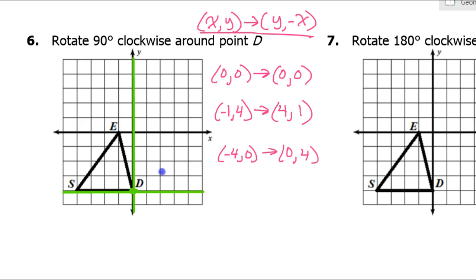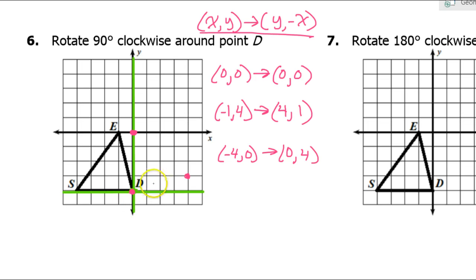So we can just graph these points. So there's 0, 0 on the fake axes. 4, 1 would be right here. And then 0, 4 would be right here.